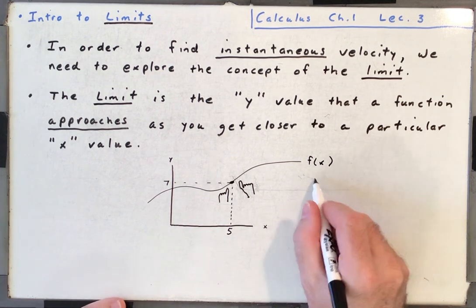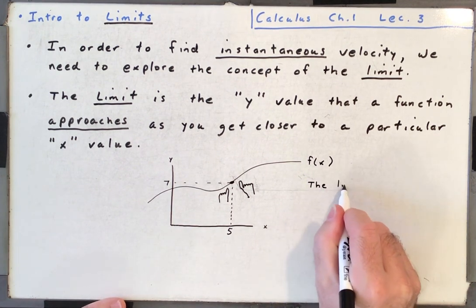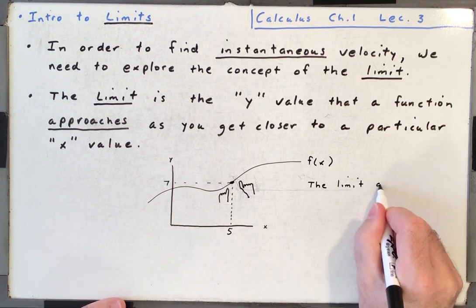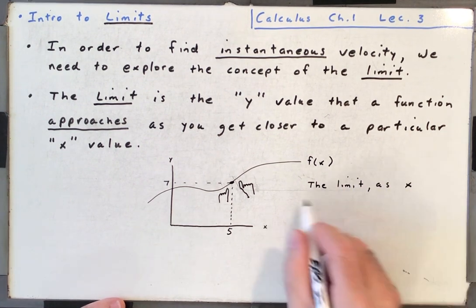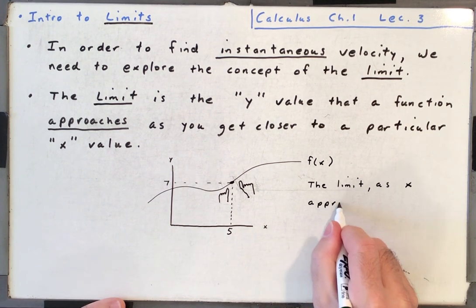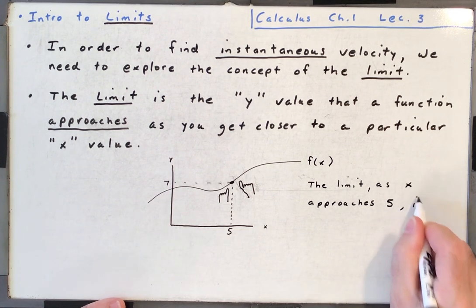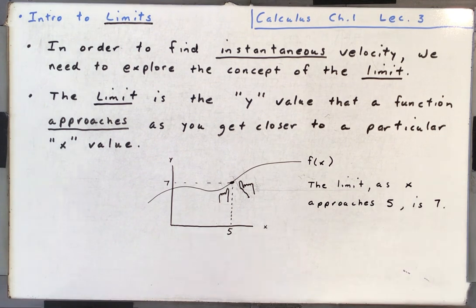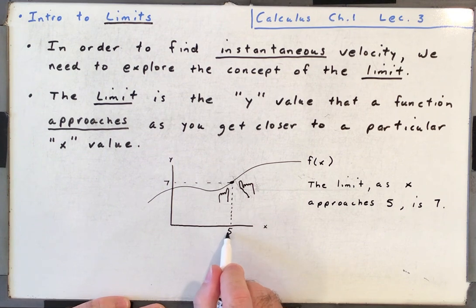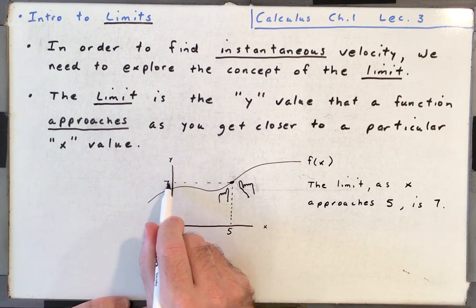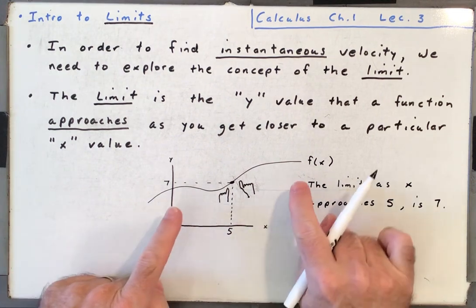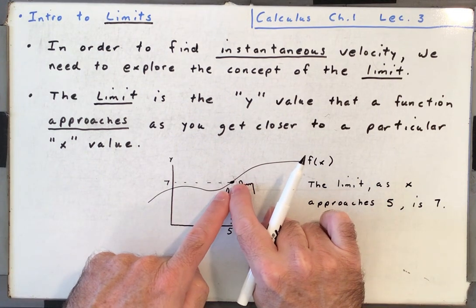So the way we say this is the limit as x approaches 5 is 7. So when I say x approaches 5, I mean the x value. As we get close to 5 on the x-axis, our corresponding y value gets close to 7. So it's where your fingers come together.